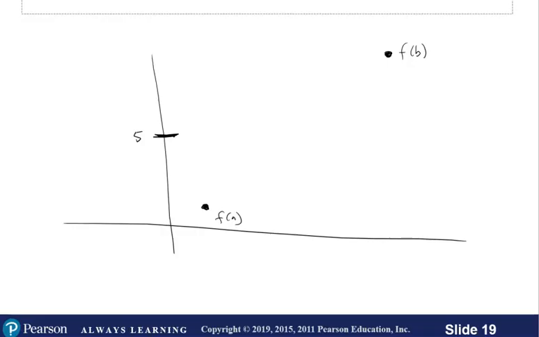Now, if I told you that f is continuous on [a, b], then is there some value c, here's the question, is there some value c somewhere in the interval, can be anywhere, such that f of c equals 5? That's my question to you. What do you think?